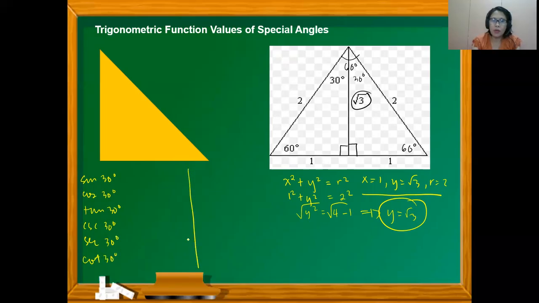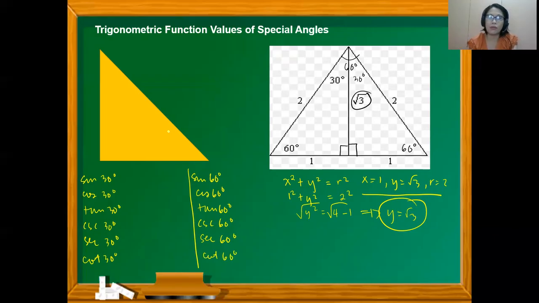Also, we will be able to evaluate sine 60, cosine 60, tangent 60, cosecant 60, secant 60, cotangent 60. And then later, we'll work on the trigonometric function values of a 45-degree angle.